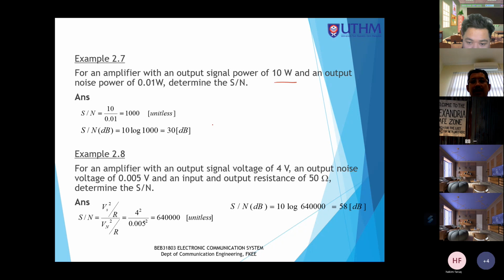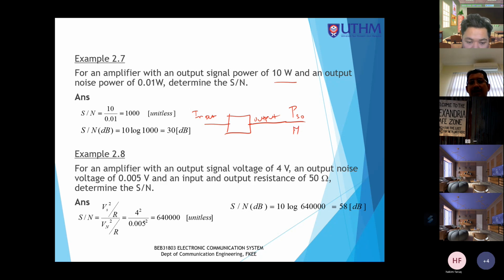Kalau you lihat di sini ada satu sistem. Sini adalah input, di sini adalah output. Di bahagian output ini disebutkan di sini bahawa adanya PS, output signal power, saya letak O lah, output.